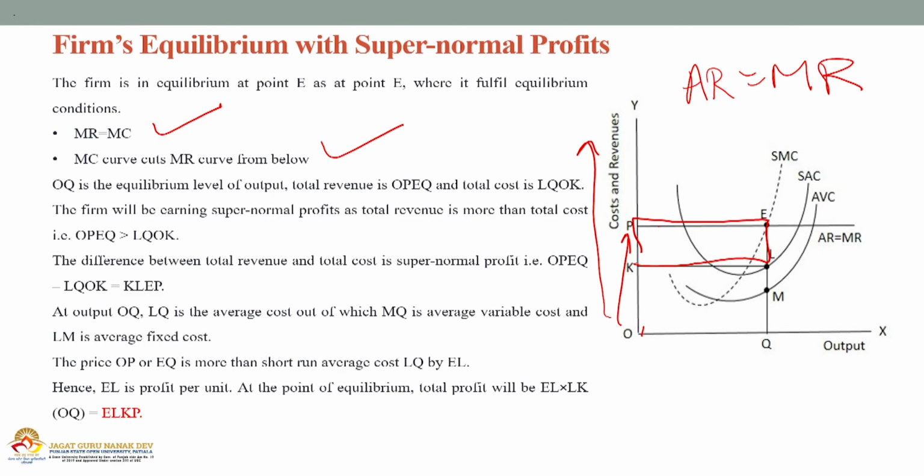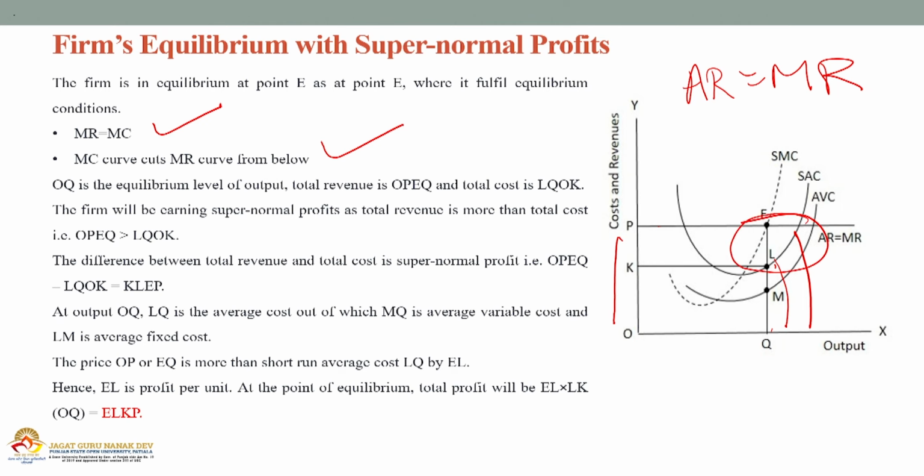At output OQ, LQ is the average cost, out of which MQ is average variable cost and LM is average fixed cost. Clear? And the price, you can say OP or EQ, is more than short run average cost, that is LQ, by this difference, that is EL.